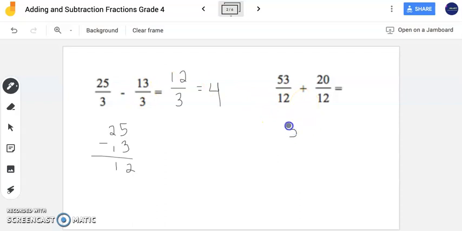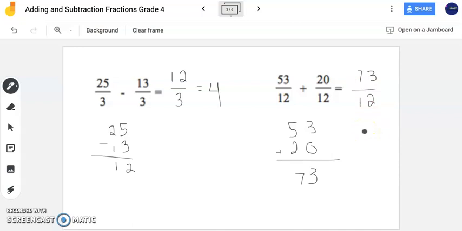So what I'm going to do again is write out on the side my numerators. 53 plus 20. Now when I add these two numbers together, I get my new numerator of 73. And my denominator continues across because we're continuing to work with twelfths, and my answer's in twelfths as well. So we have 73 twelfths as my answer.